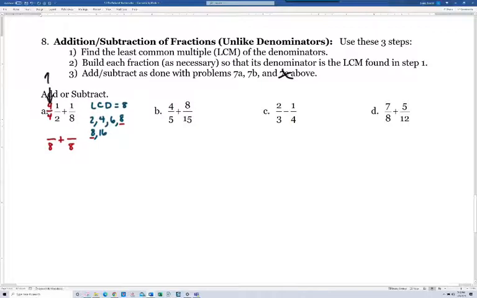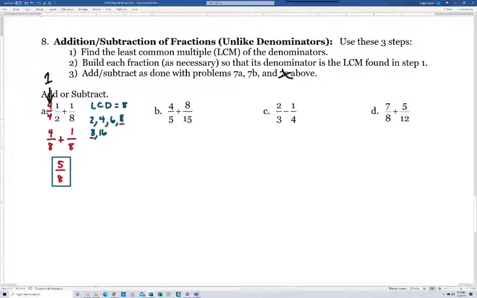This has to be equal to 1, otherwise it would change the value when I multiplied times 1/2. So by multiplying by 4 over 4, we're not changing the value of 1/2, we're just writing it in a different form. So we would get 4/8, and we have 1/8, so we add those together and we get 5/8.